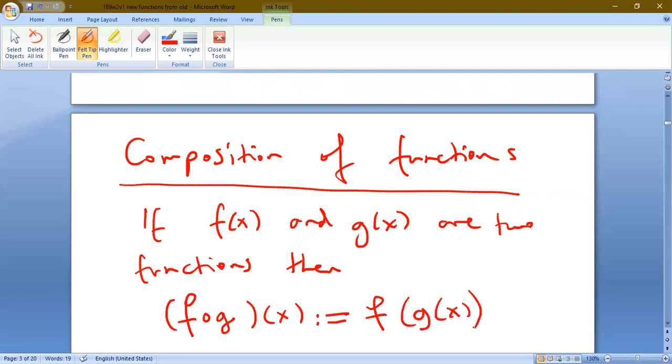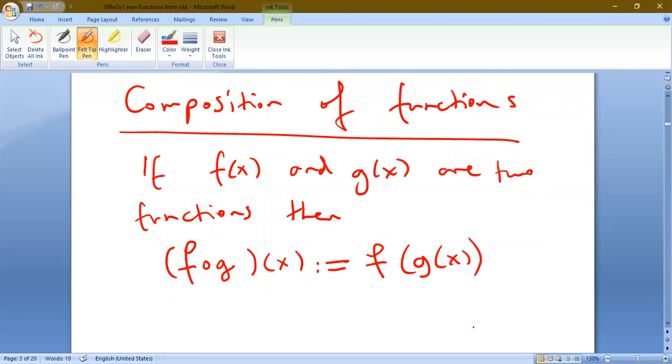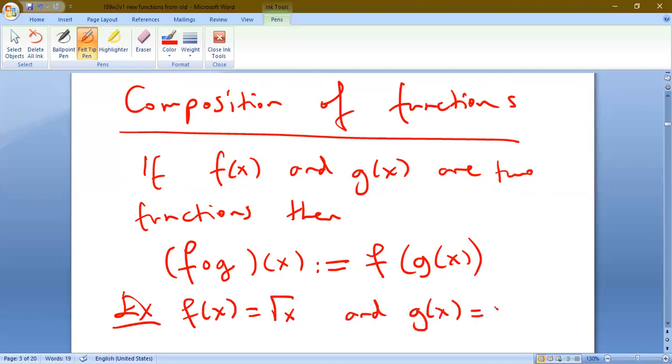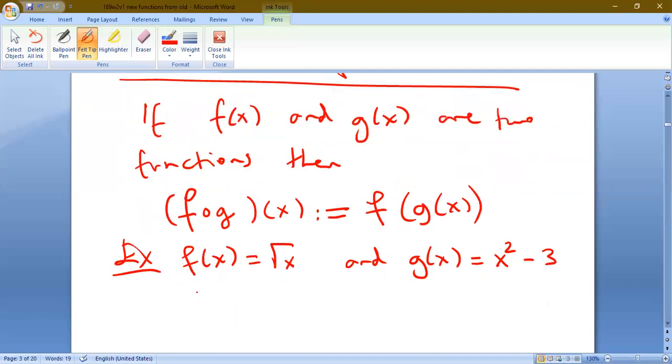This is another way of obtaining new functions, and this is actually more common than most other functions we can think about. So as an example, let's say f of x is square root of x, and let's say g of x is x squared minus 3, then f composition g can be written this way.